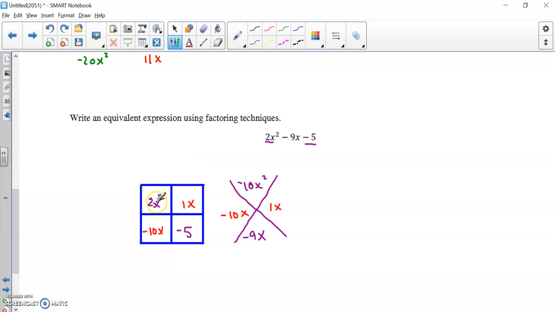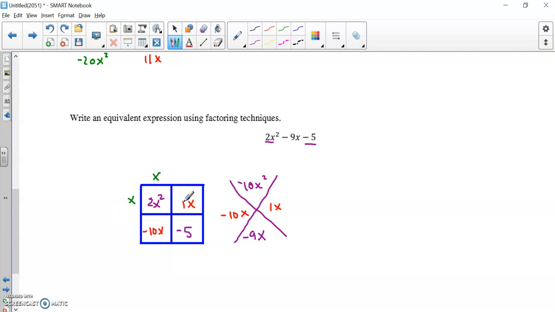So here's the thing you have to watch out for. Because there's a 2 up front, we're going to need to have a 2 in one of these spots. We already know it's going to be x and x up here, but we need that 2 in there, and it's all about picking whether the 2 goes up top or on the side. If I had put the 2 on the side, there's no way I can find a good number here, because 2 times what equals 1 just doesn't work.